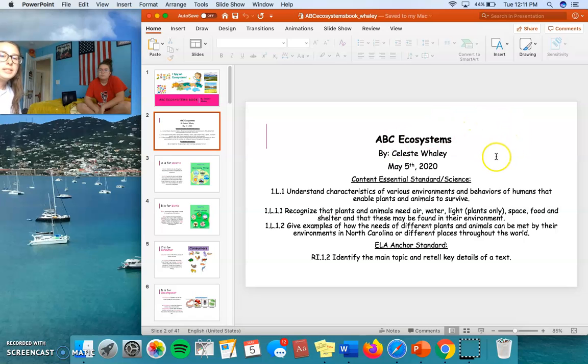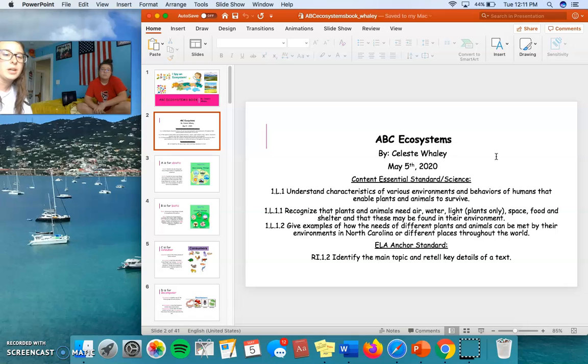So our ABC Ecosystems book, the content essential standard is science, and I chose 1.L.1, understand characteristics of various environments and behaviors of humans that enable plants and animals to survive. And 1.L.1.1 is just recognizing plants, animals, they need air, water, light, space, food, shelter, and things that may be found in their environment.